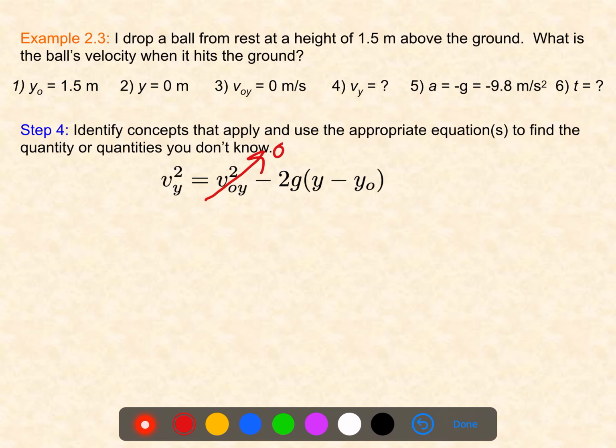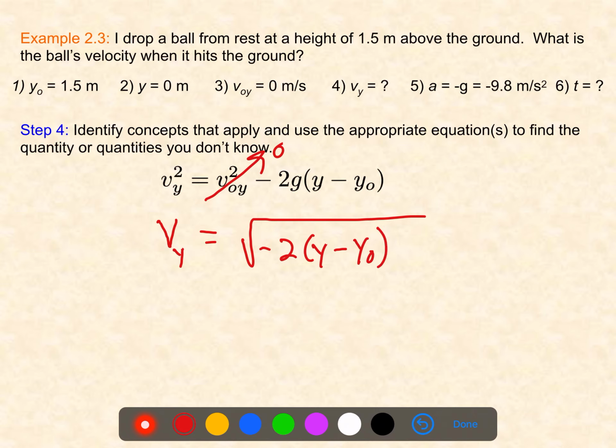Then we can say that Vy, the final velocity, is going to be the square root of negative 2g times (y minus y naught). And you might be worried here, how are we going to get rid of this minus sign underneath the square root? Well, remember that the final y position is 0 and the initial was 1.5.